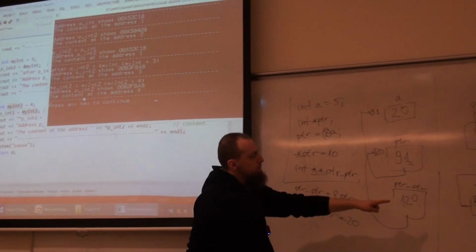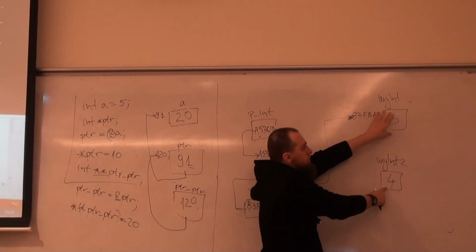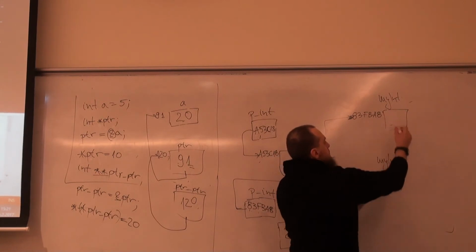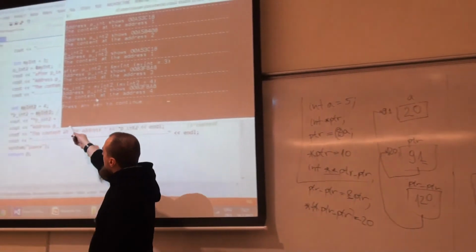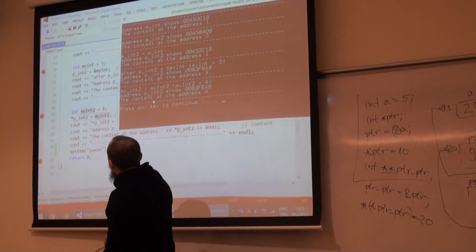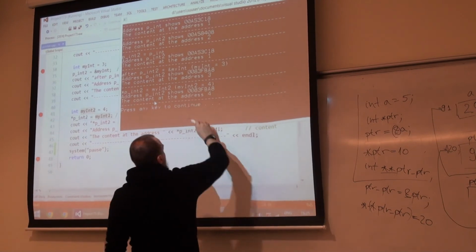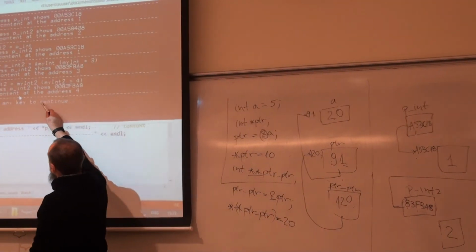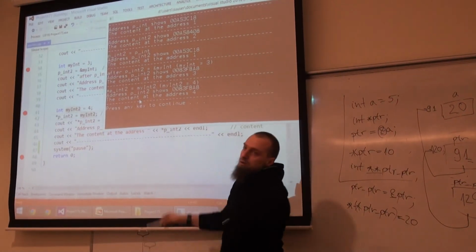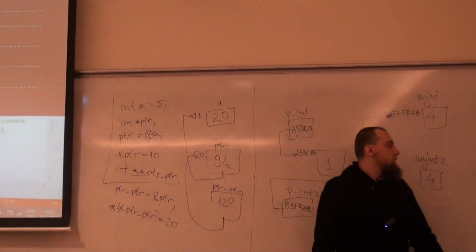So the value of pint2 is this one, 3, and it is equal to this one. So this 3 is going to be basically 4. And then I'm printing the value of pint2, which is 4. I'm printing the address, which is the old address, A3FBA8. The content of the address is again 4. Okay, the content of that address is 4.